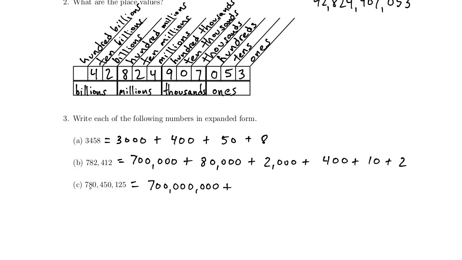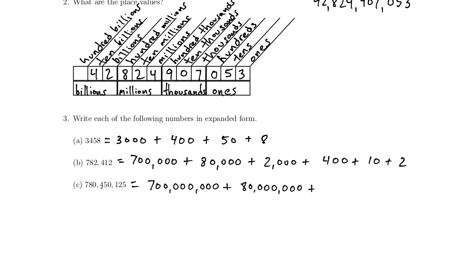Plus the 8 is in the, I mean, the 8 is in the 10 millions place. So the 8 represents 8 10 millions or 80 million. Now we have a 0 here. The 0 is in the millions place. So we have 0 millions, so we can just skip that.